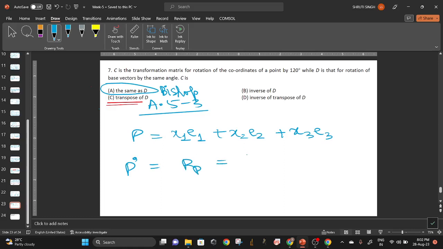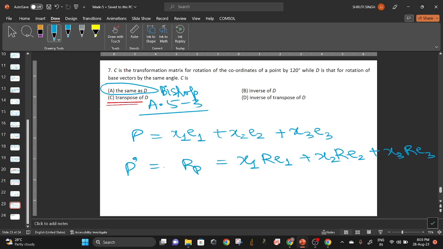This is the symmetry operation applied on p, so it will be applied on the basis e1, e2, e3, where x1 x2 x3 are coefficients.